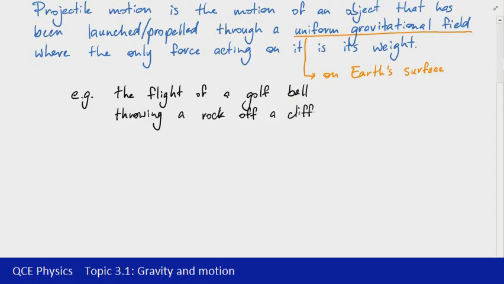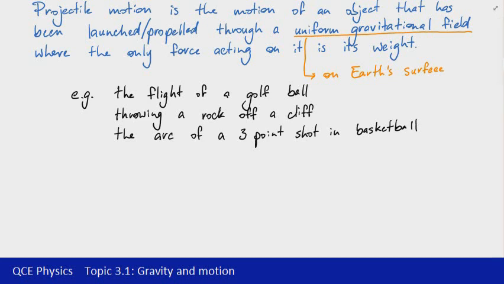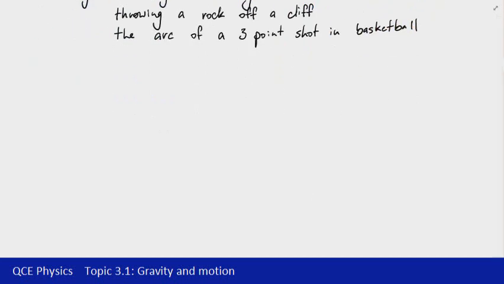And the last one that I'll jot down here, say the arc of a three-point shot in basketball. So there are some scenarios that you can think about to help clarify situations where projectile motion is at play.